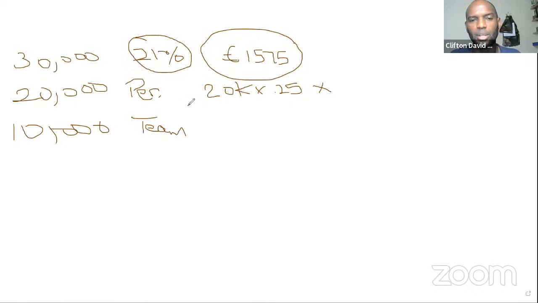Even though he did not do the whole 30,000 by himself, his team helped him with the additional 10,000. Stay with me. Because of his group volume, Derek has still achieved the 21% level, and he will be paid 21% of his personal volume based on the PV factor.